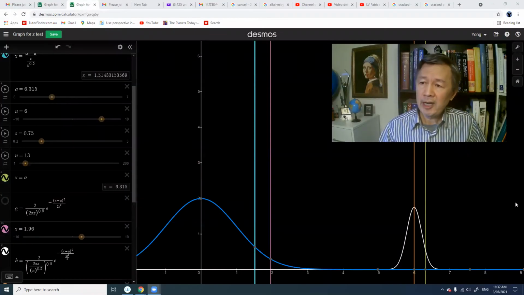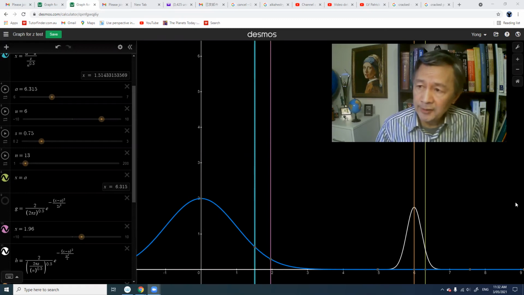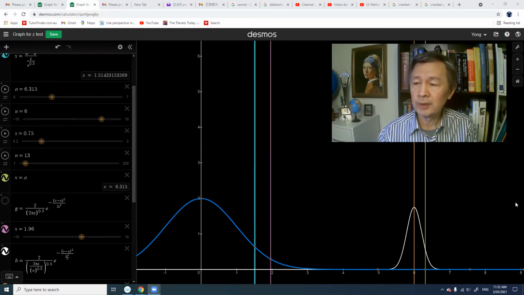You can see I have created a graph in which the blue bell shape represents a standard normal distribution, which is used to do the z-test or z-statistic test.